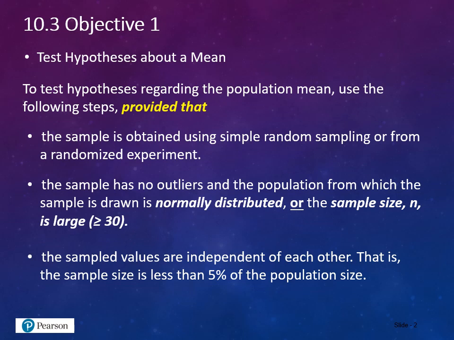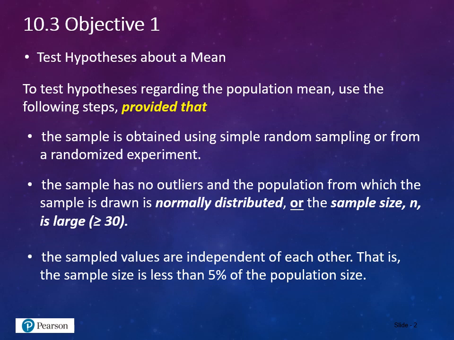To test hypotheses regarding the mean, we need to use the following steps, which are going to come on the next slide. But we first have to make sure that the sample is obtained using simple random sampling. We've been doing this for a while now. The sample has no outliers, and the population from which the sample is drawn is normally distributed.